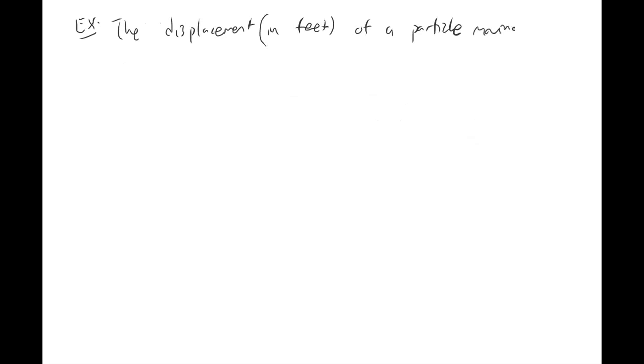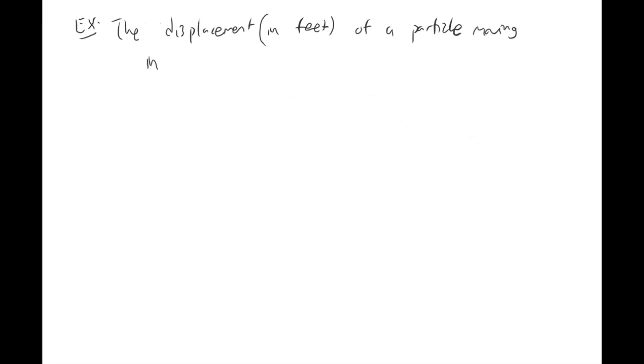So if I gave you a word problem example: the displacement in feet of a particle. I took this from the book. Don't ask me about particles in physics, because I don't know anything about it.